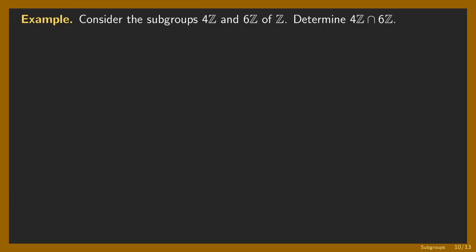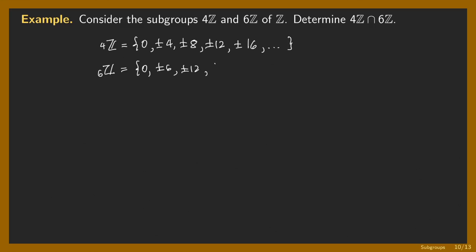If we try to list them down, well, 4Z has 0, plus or minus 4, plus or minus 8, plus or minus 12 and so on, 16, while 6Z has 0, plus or minus 6, plus or minus 12, plus or minus 18, plus or minus 24 and so on.